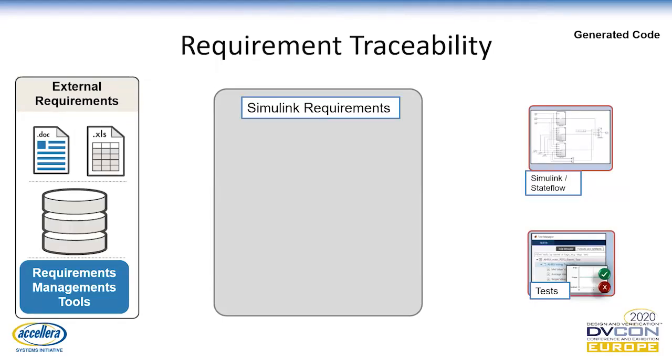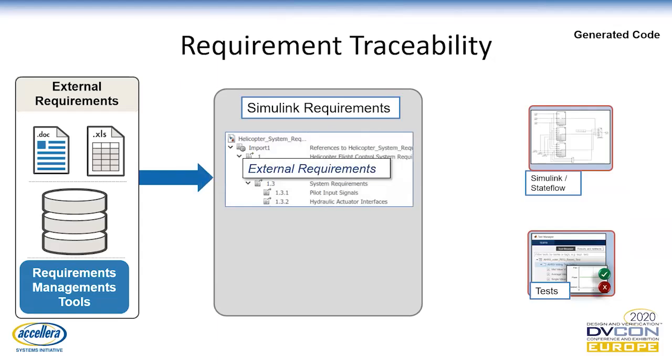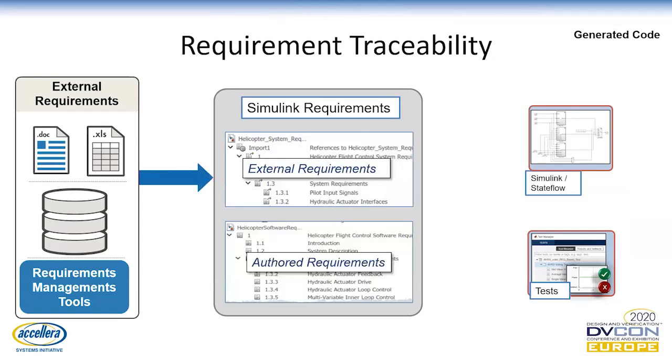We saw at the beginning of this presentation that requirement change is one of the main sources of bugs, and that's one of the reasons why requirement traceability is important. Many of our customers have been using our tools to import requirements from an external database, refine them with Simulink, and link requirements to functional blocks and to the test cases.